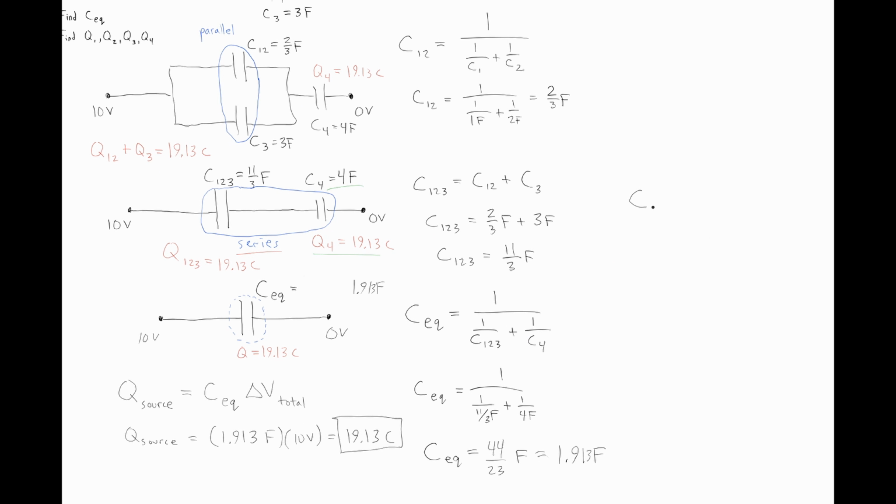We can use C4 equals Q4 over delta V4. Plug in what we know. 4 farads equals 19.13 coulombs over delta V4. So delta V4 must be 4.782 volts.